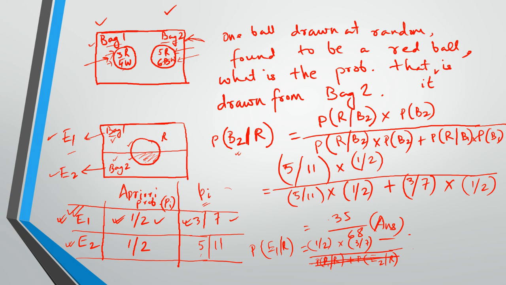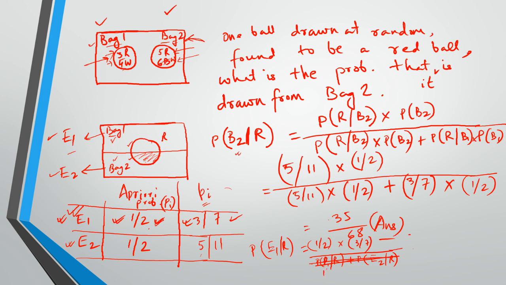So what we are doing is the entire sample space. We are saying probability of E1 times the probability of red ball given E1, right? I just wrote the opposite here.